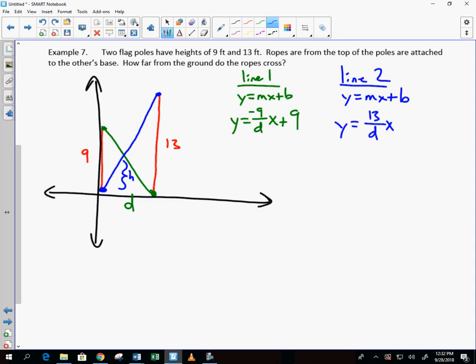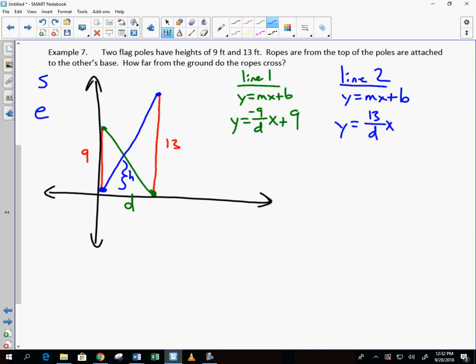I want to find the intersection point. I have two lines. Do you remember the two methods you have for finding intersection of lines? One starts with S, one starts with E. One rhymes with substitution. Substitution. Good. So substitution is 1. Do you know what the other one is? Elimination. Good job.